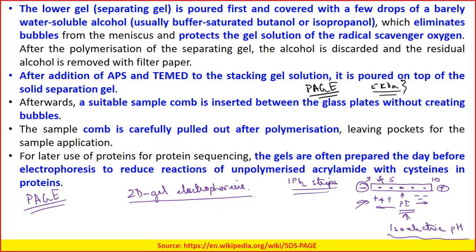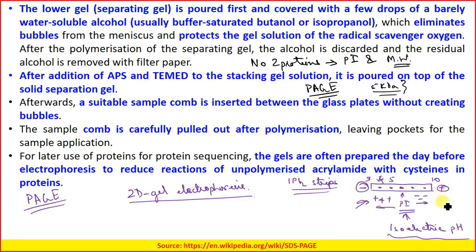However, it is to be kept in mind that if you are going for this isoelectric pH separation, no two proteins should have the same isoelectric pH and the same molecular weight.